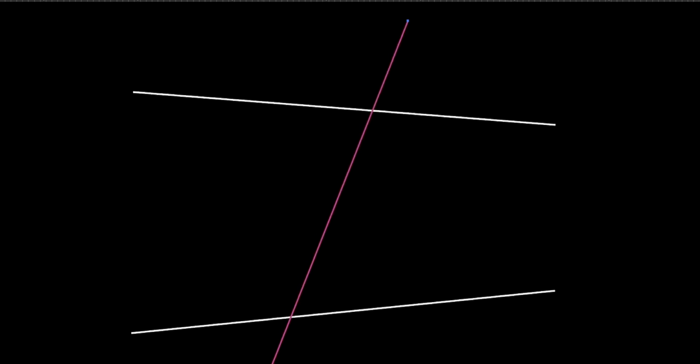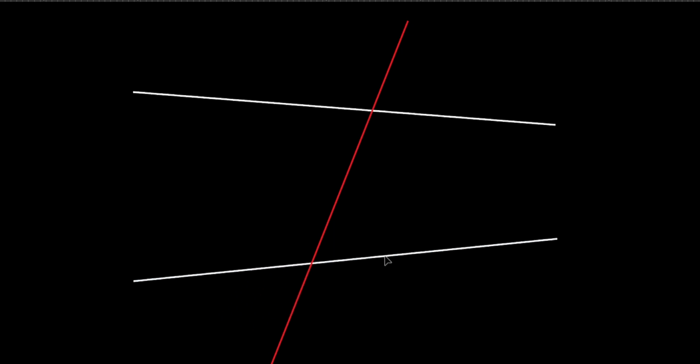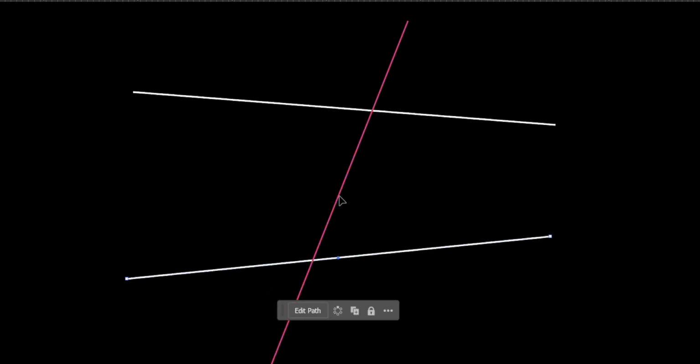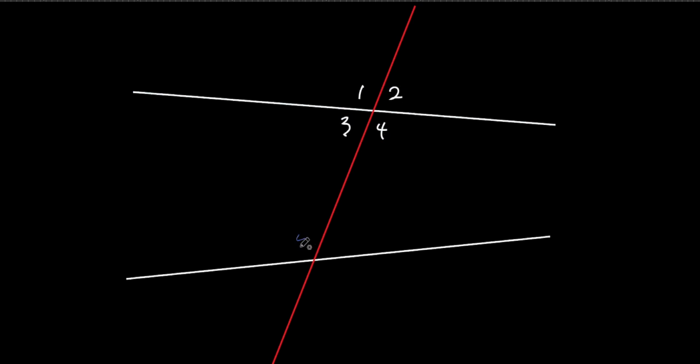So what I'm going to do is I'm going to number some angles. Let's just make it 1, 2, 3, 4, 5, 6, 7, and 8. All right, so you got eight angles that transversal makes with those two lines. Everybody got that? Yes? That's good.